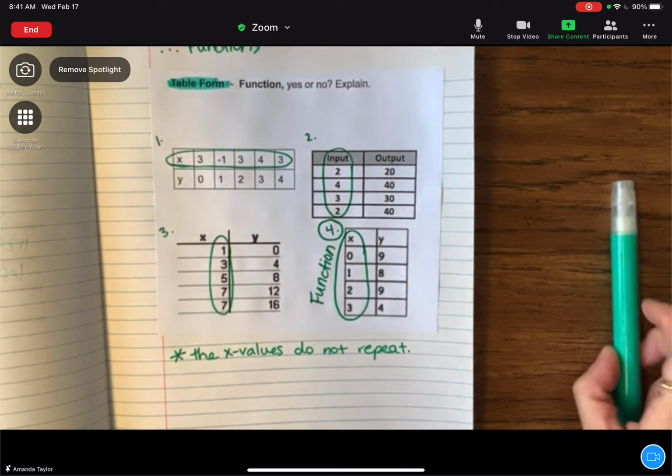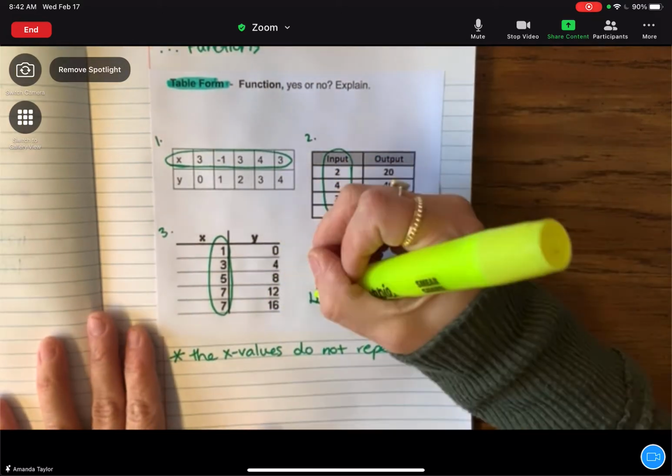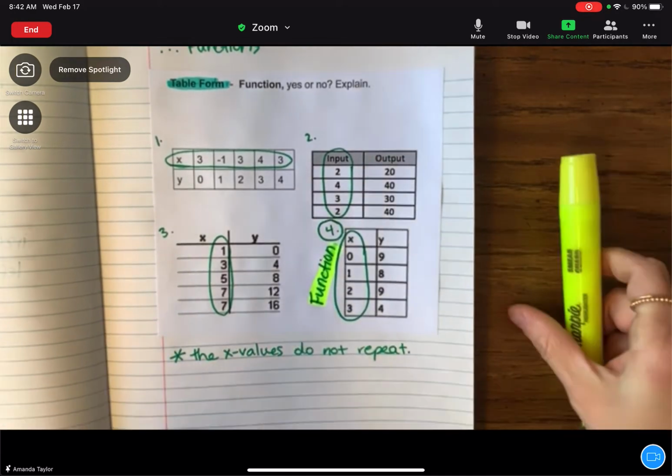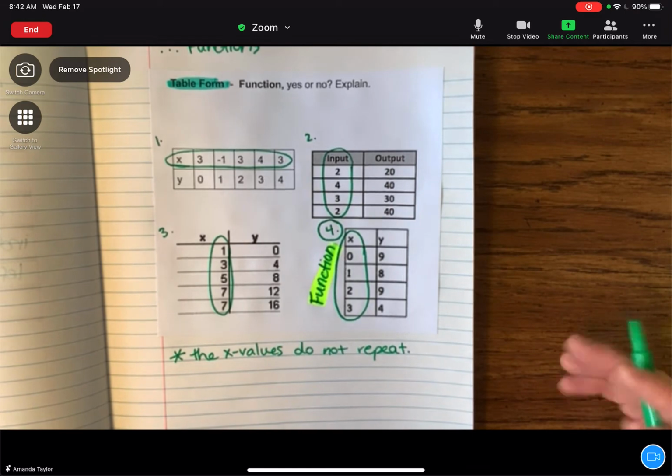Okay, I need a different color highlighter so I can have skin color. All right, so this one here is the function, number 4. Those x values don't repeat. What number repeats on number 1 that makes it not a function? The 3.